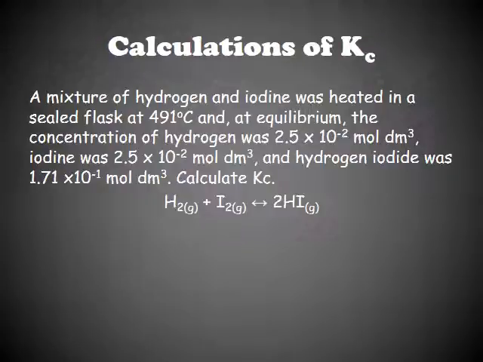The concentration of hydrogen is 2.5 times 10 to the negative 2 moles per decimeter cubed. Iodine is 2.5 times 10 to the negative 2 moles per decimeter cubed, and the hydrogen iodide formed at equilibrium is 1.71 times 10 to the negative 1 moles per decimeter cubed.